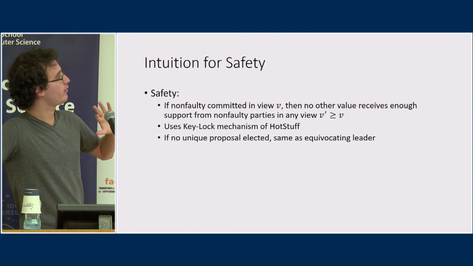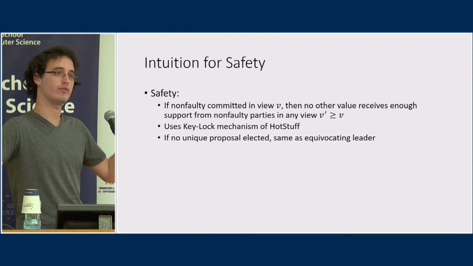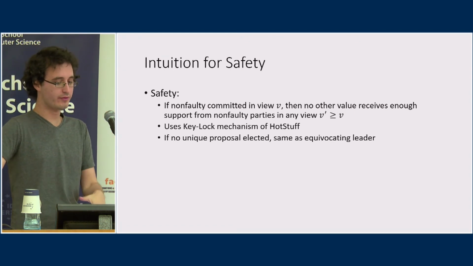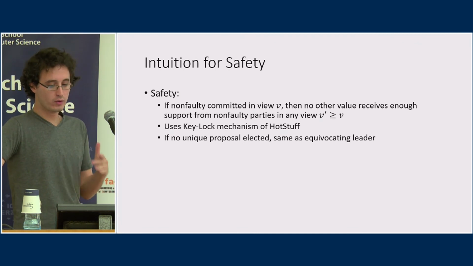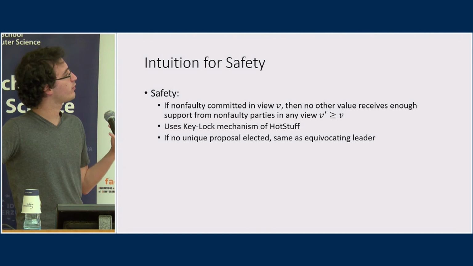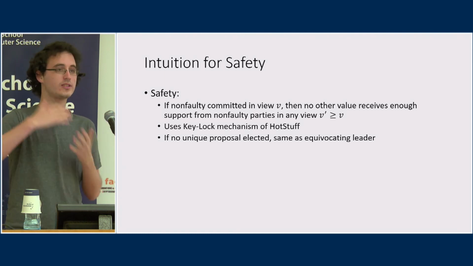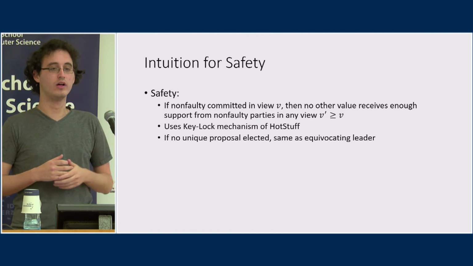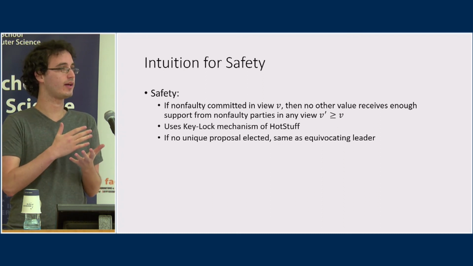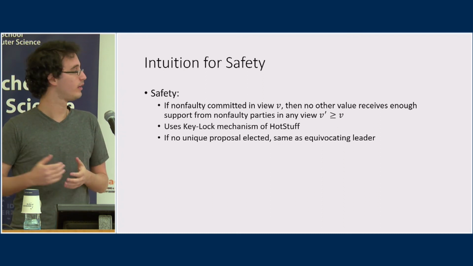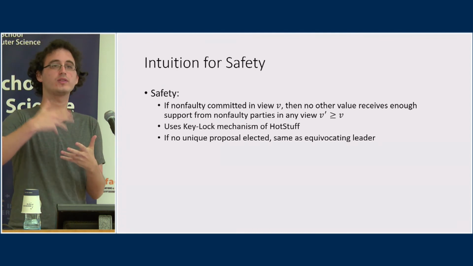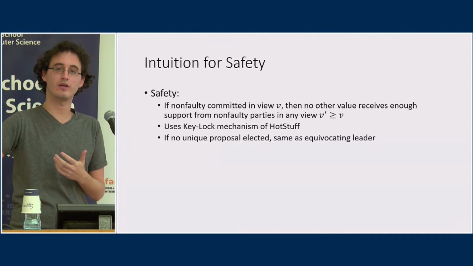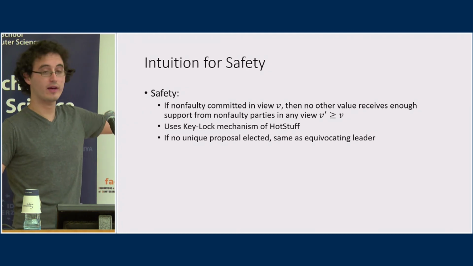The main property of HotStuff is that if a non-faulty party committed to a value in a view V, then no other value receives enough support from non-faulty parties in any subsequent view V', so any V' greater than or equal to V. Now, by enough support, we mean enough support to proceed into the late stages of the protocol. And we have this property as well.